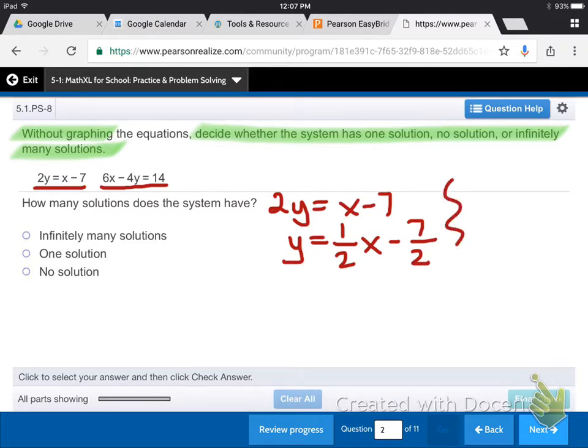Now, we're going to take the other equation over here, which is 6x minus 4y equals 14. And we're going to divide by what? Well, the first thing we're going to do is subtract 6x from both sides of the equation.